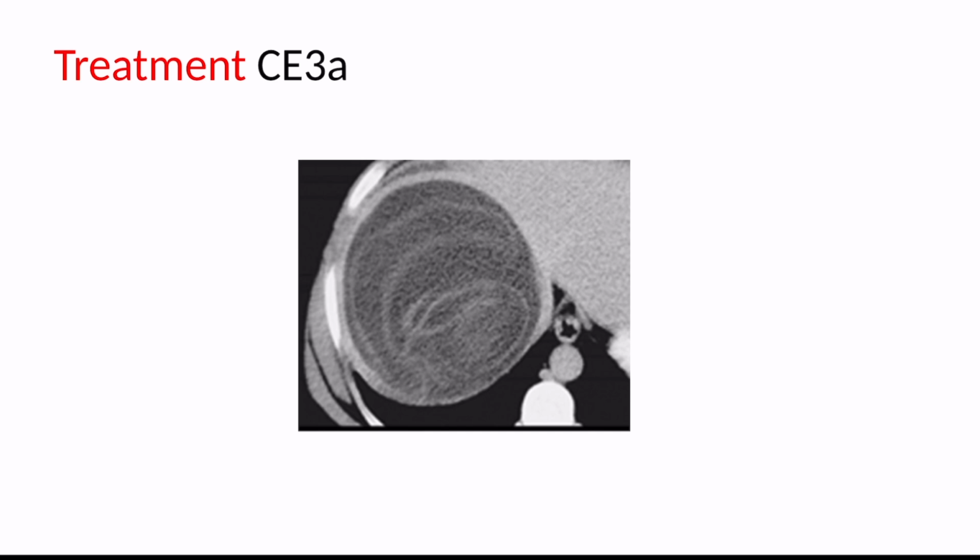In the CE3A stage, the divided cystic cavity has collapsed into a single cavity with free lying membranes. So you start with medical treatment, and now apart from aspirating cyst fluid, you need to remove these membranes also. So instead of a wider bore catheter, you can go for MoCAT or PEVAC.